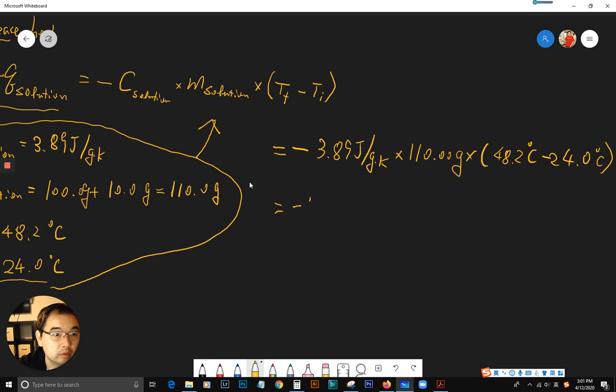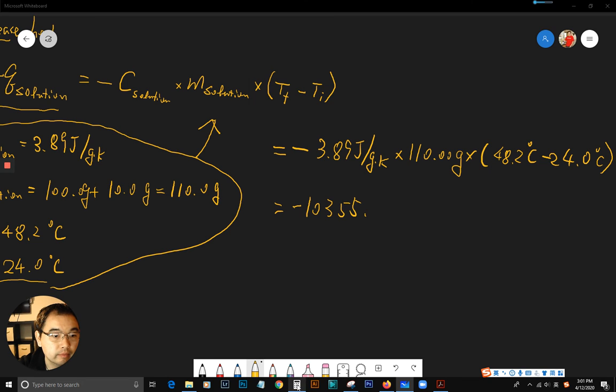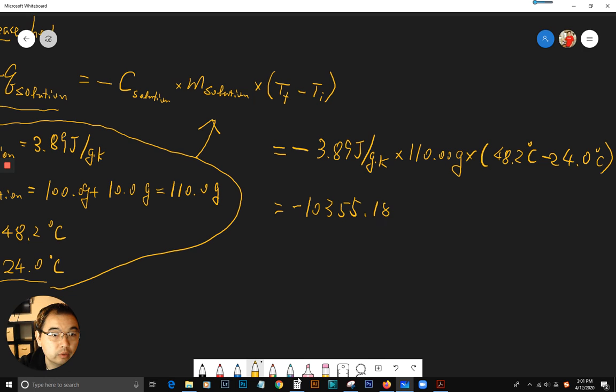So the total is negative 10355.18 joule.